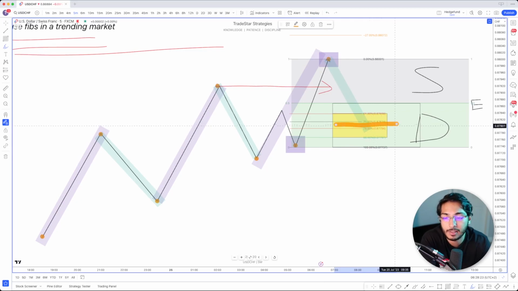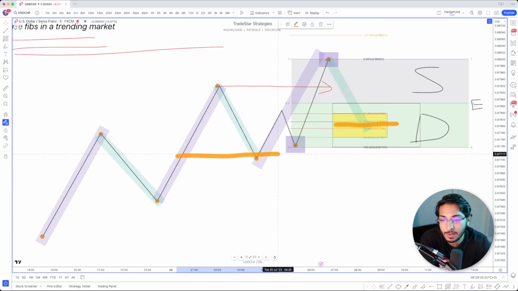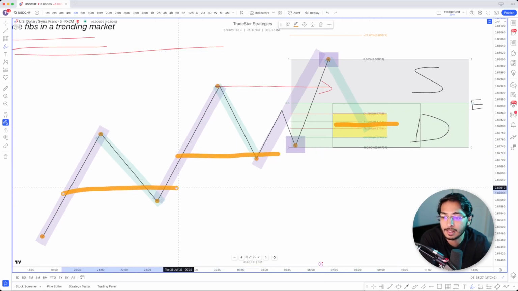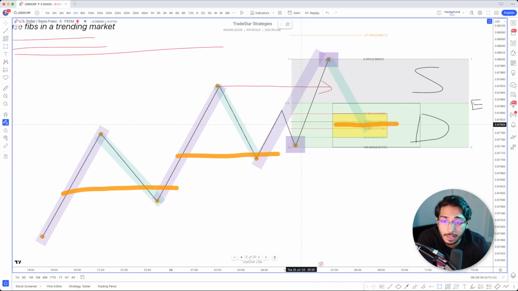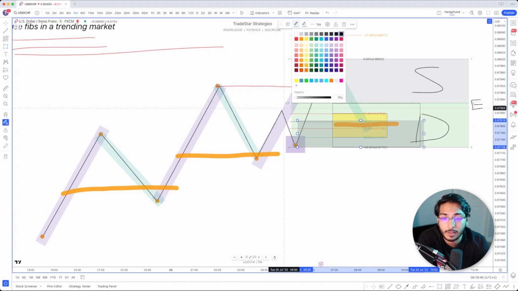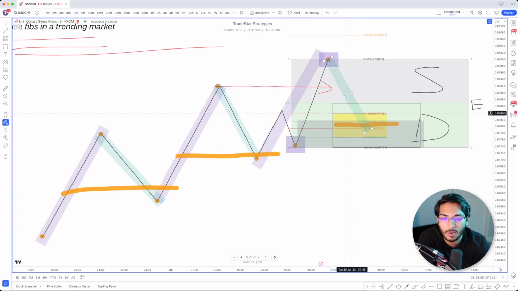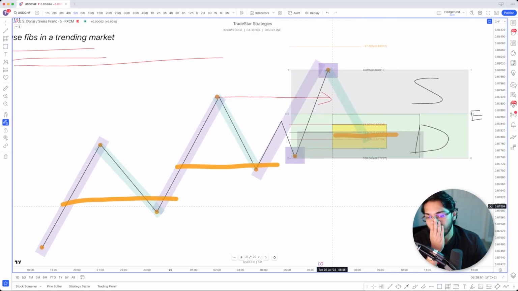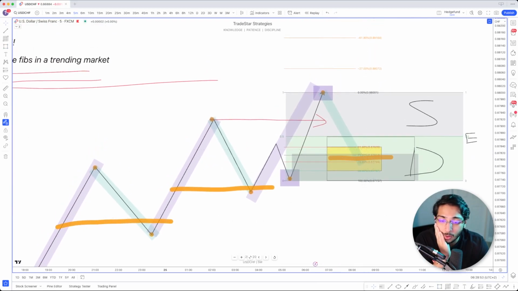Maybe we focus in on this level. If price retraced from here last time and it retraced from here last time, more than likely it'll probably do it the same. And then you start adding more confluences. Maybe there's an institutional candle here that lines up with this as well. A sponsorship candle. Maybe there's something in this zone here that lines up to your overall confluences, and so on and so forth.